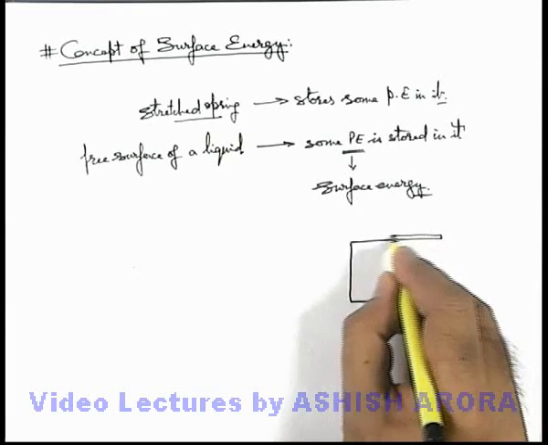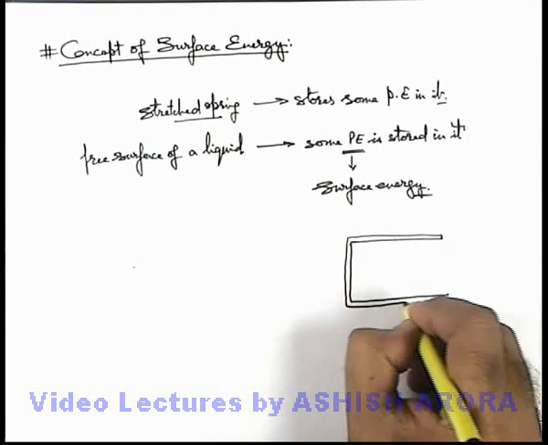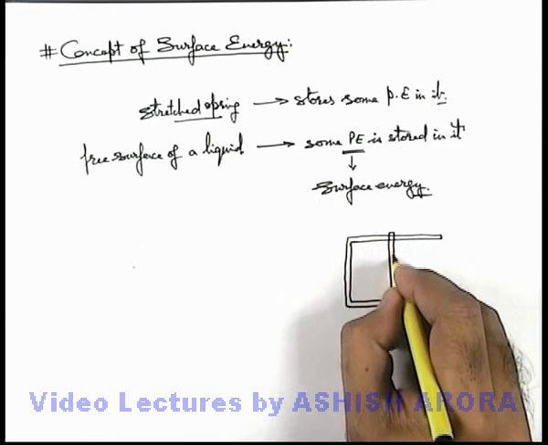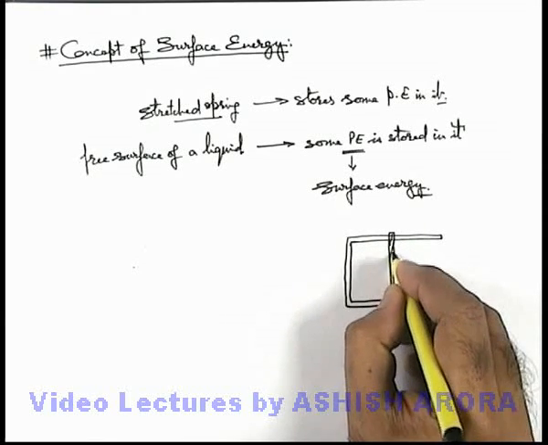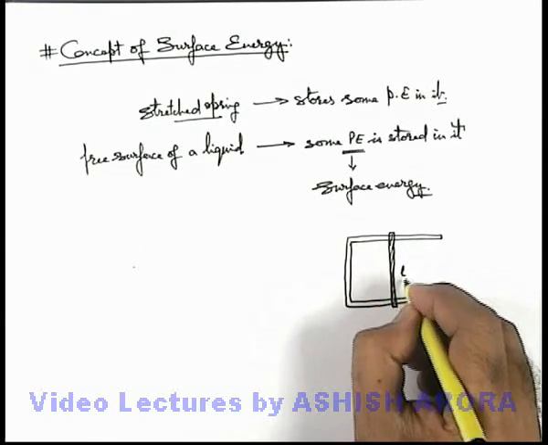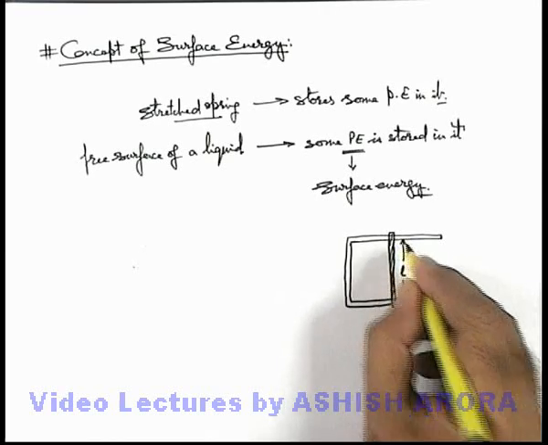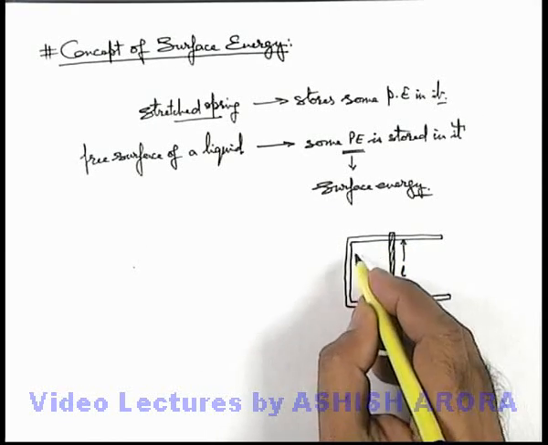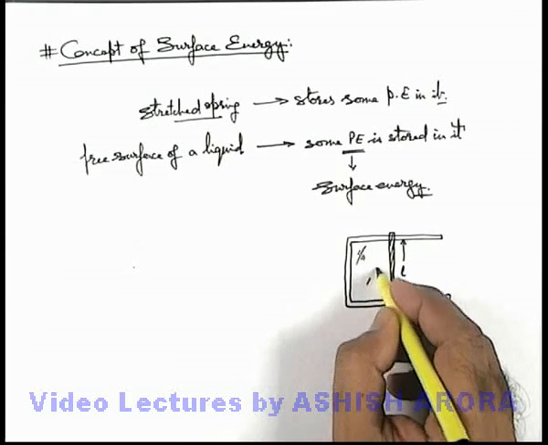Say we are given a U-shaped wire frame on which a slider is placed, and say the length of the slider is L. And in the enclosed part of this U-tube and the slider, we make a soap film.